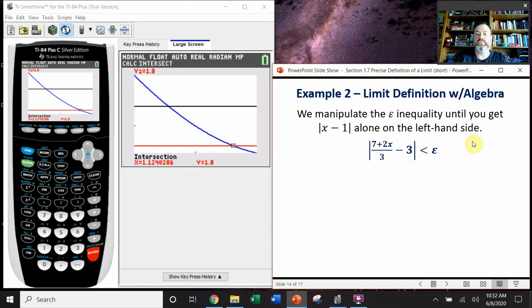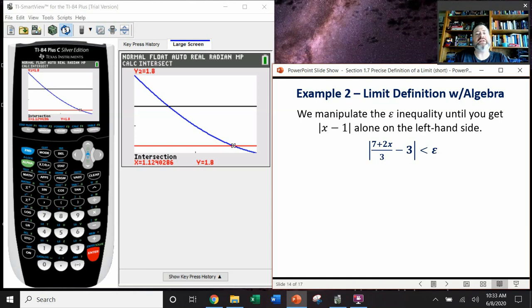We manipulate the epsilon inequality until you get that quantity on the left of the delta inequality, the absolute value of x minus 1, alone on the left-hand side. These manipulations turn out to be pretty easy, and they always work because we're doing linear functions. Linear functions can be manipulated to factor out anything you want.